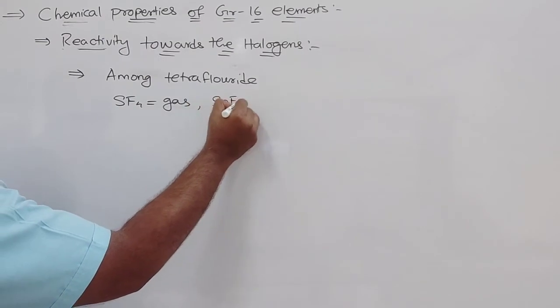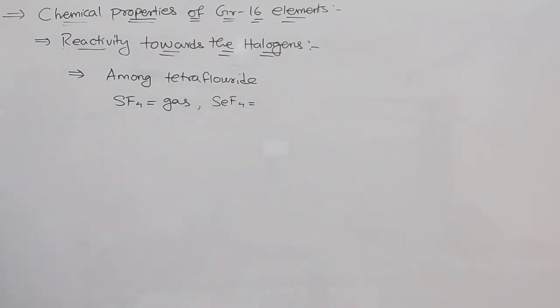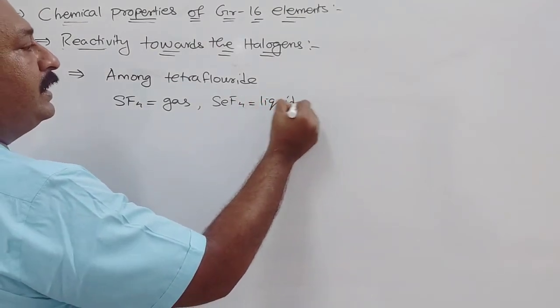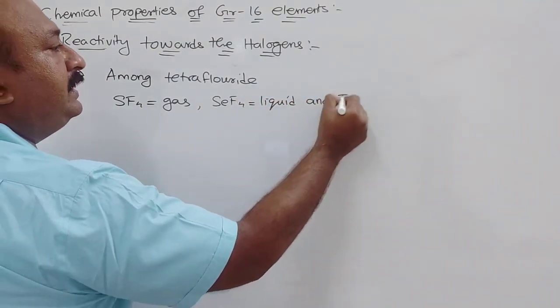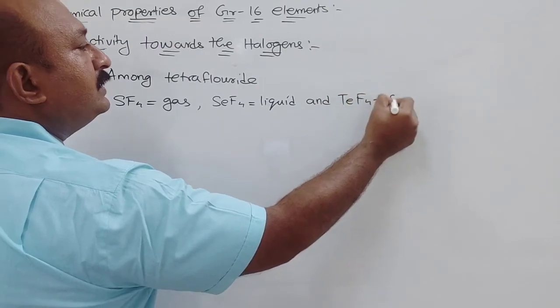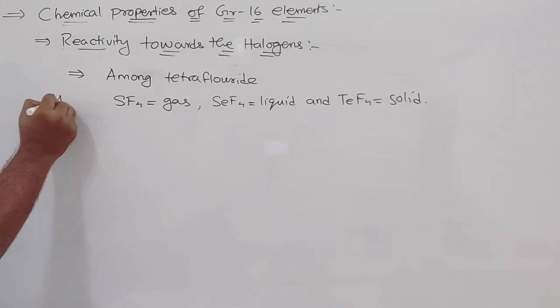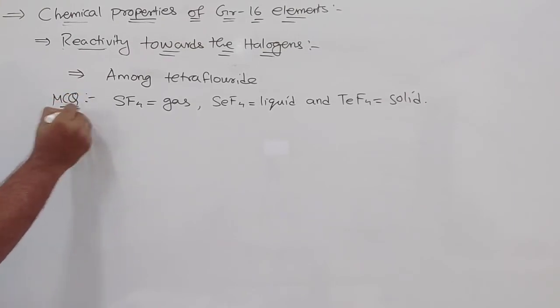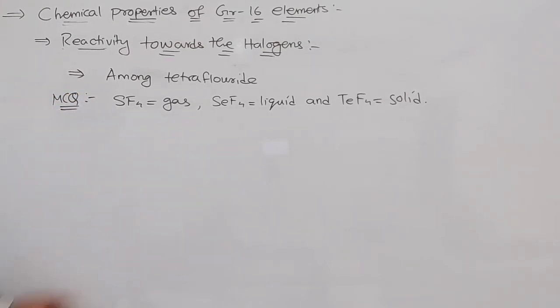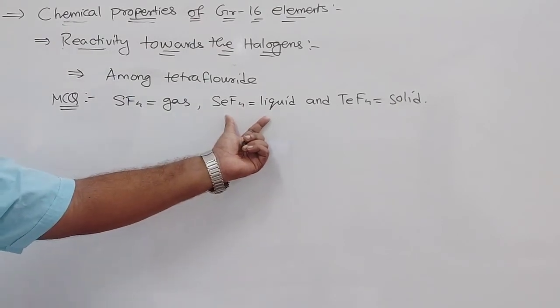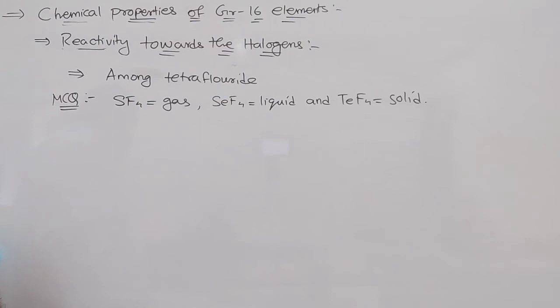Then SeF4 is a liquid, and TeF4 is a solid. So don't forget this. This can be asked for an MCQ question. SF4 is in the gaseous state, SeF4 is liquid, and TeF4 is in the solid state.